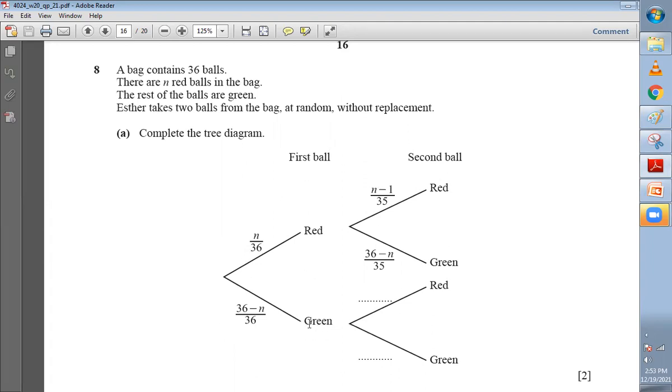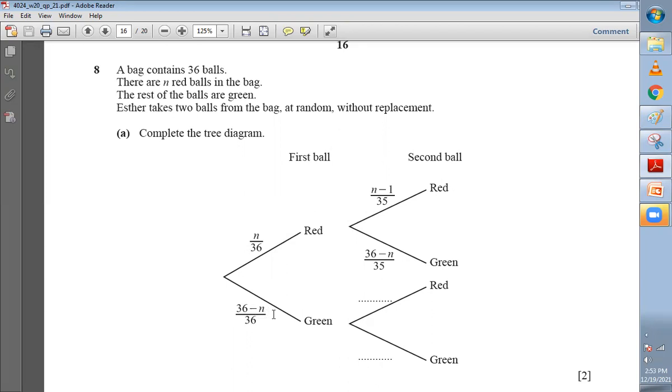So there are n red balls and 36 minus n green balls. For example, the first ball came out to be green. So how many red balls are there now? The total has decreased by 1 because you have taken out 1 ball, so downstairs you're at 35. Upstairs, because a red ball has not been taken out, it will be n by 35. For the green probability, because you have taken 1 green ball out, downstairs the total will be 35, but the number of greens has also decreased by 1.